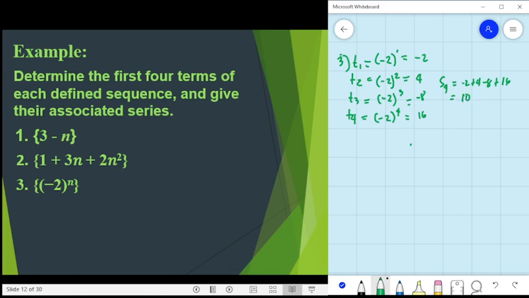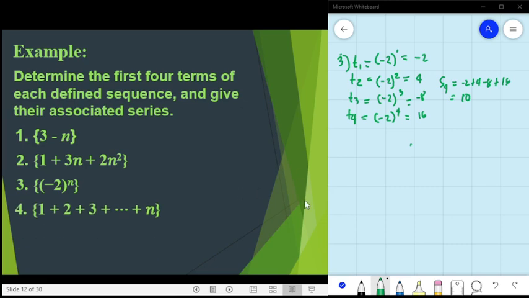Then next is number 4. For t sub 1, it is 1.